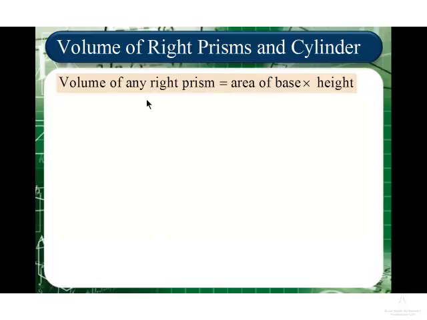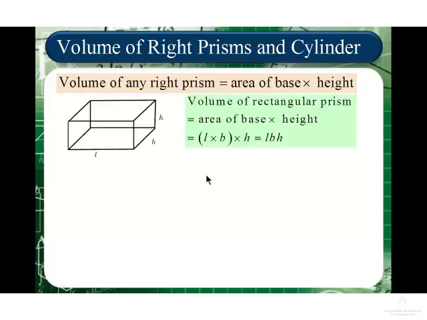The next question that will be considered is how to find the volume of right prisms and the cylinder. In general, the volume of any right prism will be given by the area of the base times the height. The height, of course, is the distance between the base and the top for these objects. Let's consider the first example where we look at the volume of a rectangular prism.